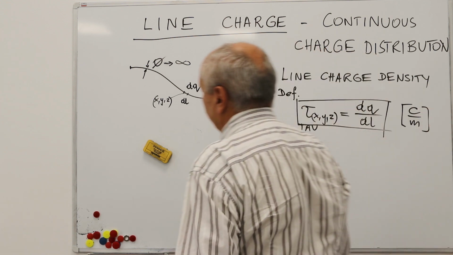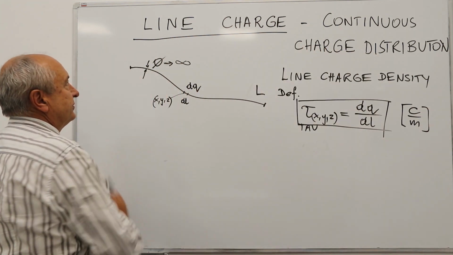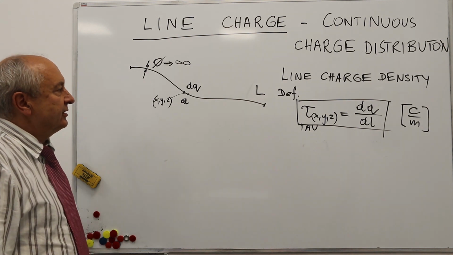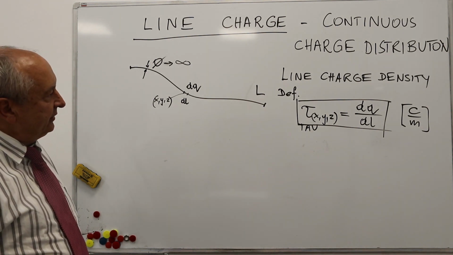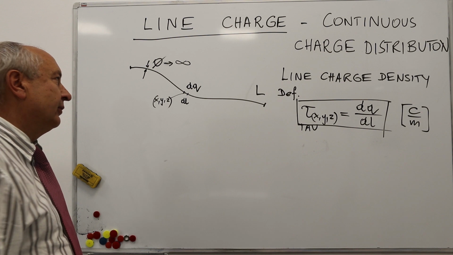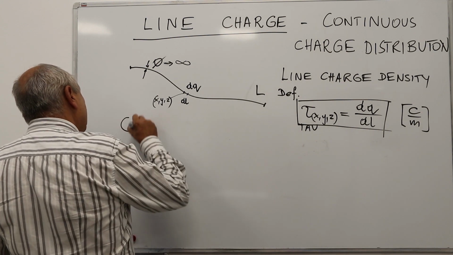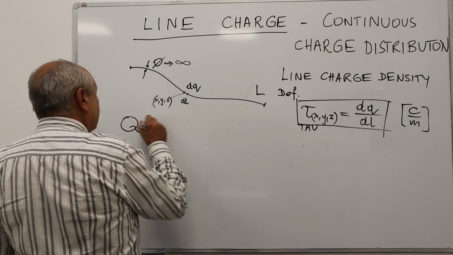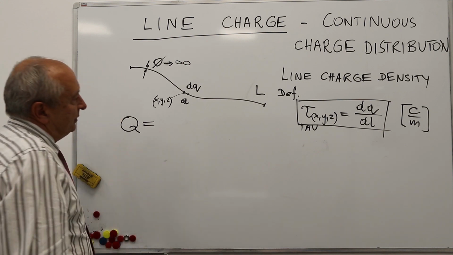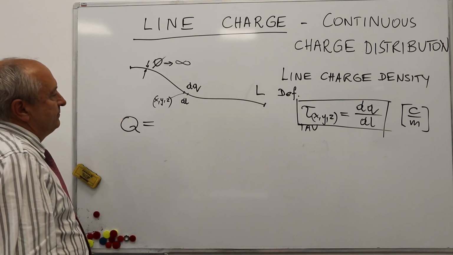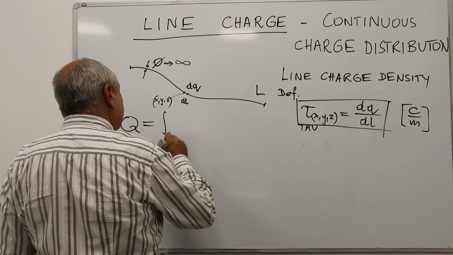When we have a distribution of line charge, we can calculate the total charge that we have on this line. The total charge, big Q, we can calculate from a formula.